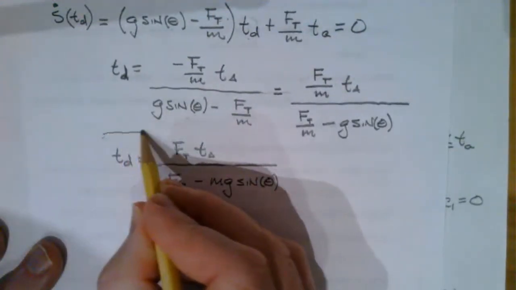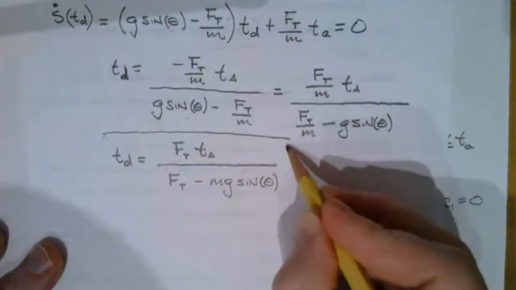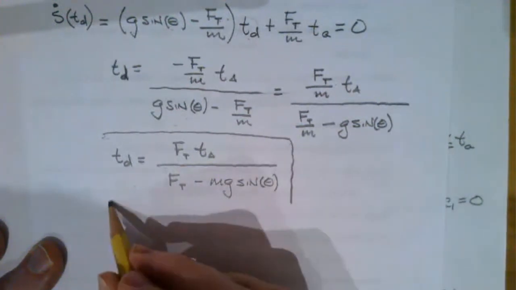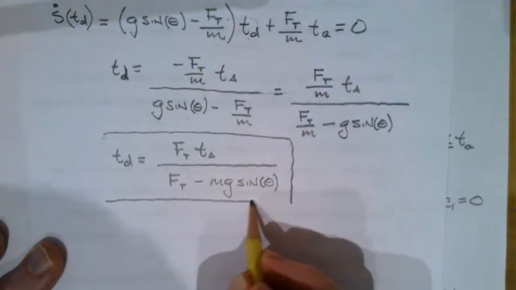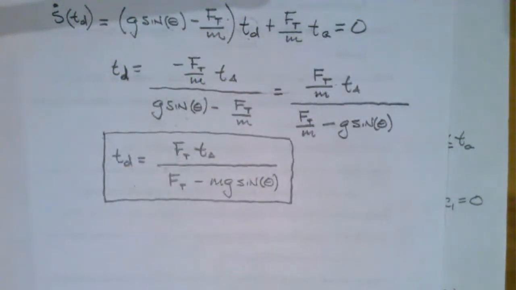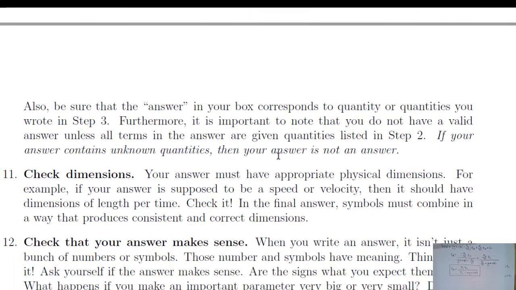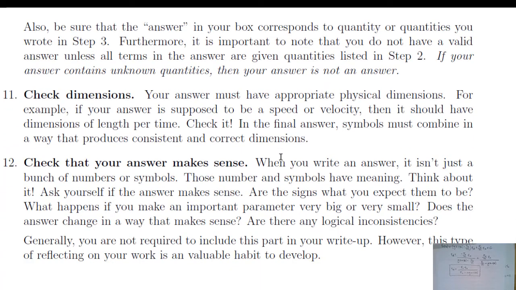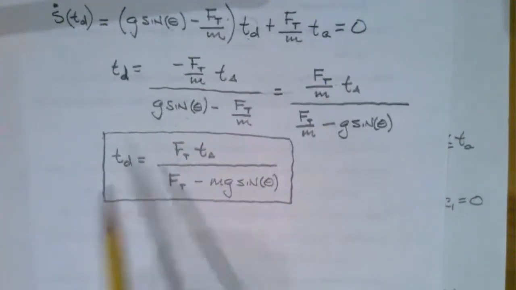You should tell me this is your answer. This is one of the answers. We actually asked for two things, but here's one of our answers. I'm putting a box around it to indicate that this is my answer. Cool. Next thing in my problem-solving checklist, I should check the dimensions of my answer. This is really important because it says this time I picked out right here.